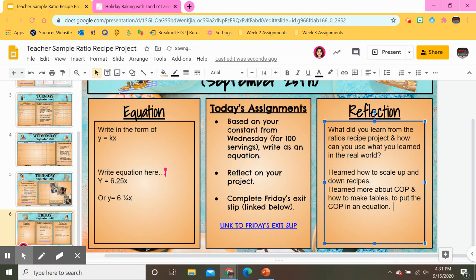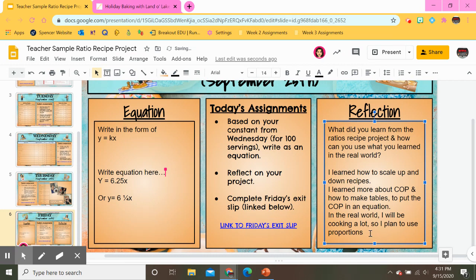I also learned a little bit more about baking. And how can I use what I learned in the real world? In the real world, I will be cooking a lot. I plan to use proportions in order to make recipes larger or smaller.